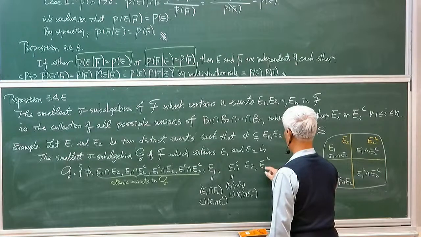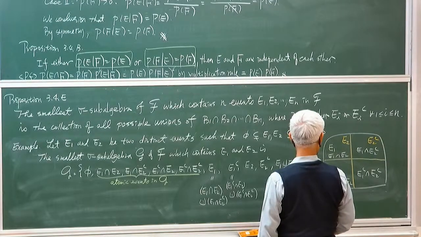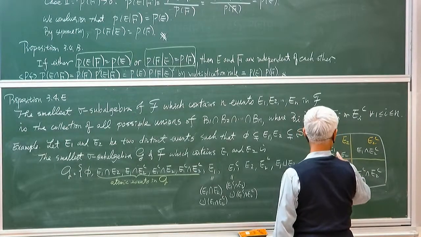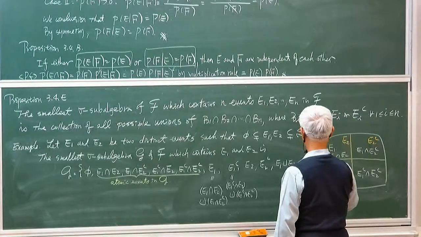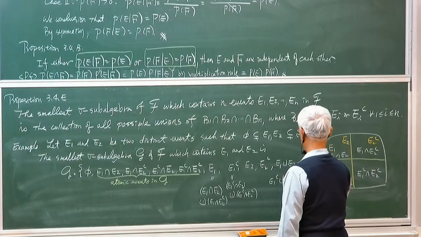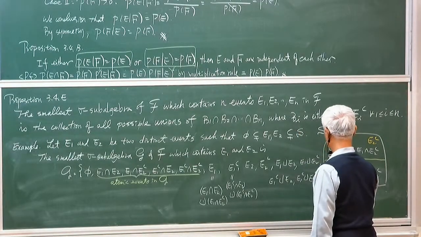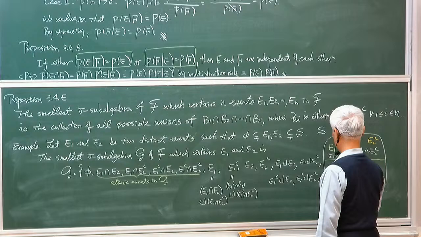And you have a little more, for example E1 union E2, E1 union E2 complement, E1 complement union E2, E1 complement union E2 complement, and finally you get X.